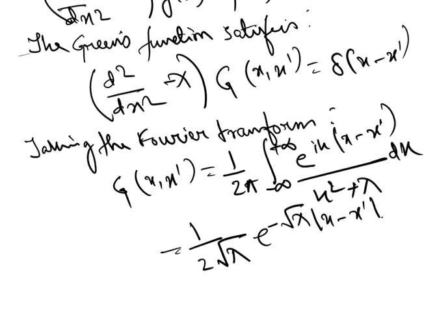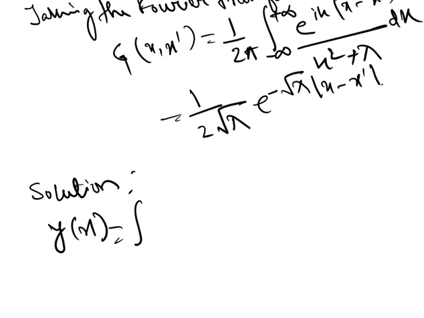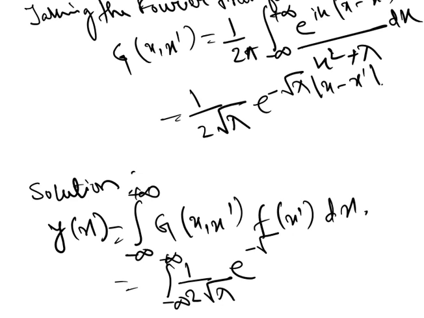So our solution will be y of x equal to the integral from minus infinity to plus infinity of G of x minus x dash into f of x dash dx dash, which equals the integral from minus infinity to plus infinity of 1 by 2 root alpha into e to the power minus root alpha into mod of x minus x dash, then f of x dash into dx dash, right?